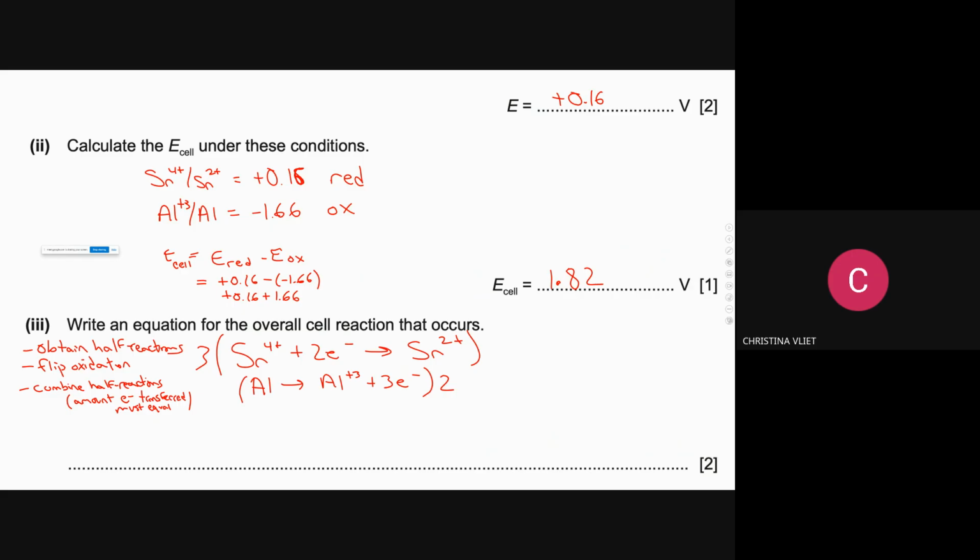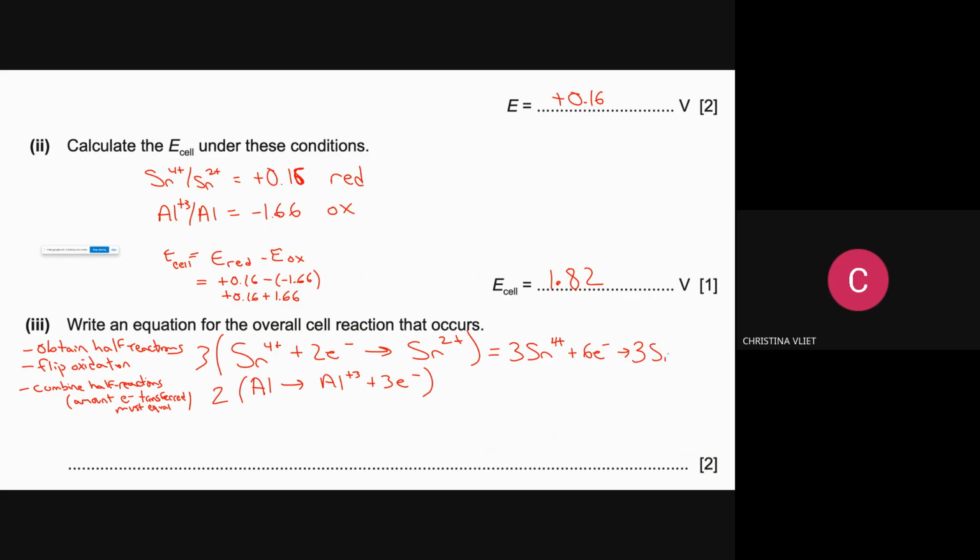So it's basically multiplied by whatever number will make the electrons the same, and distribute by that number. So this would become 3Sn, and this would become 3Sn4+ plus 6e-.